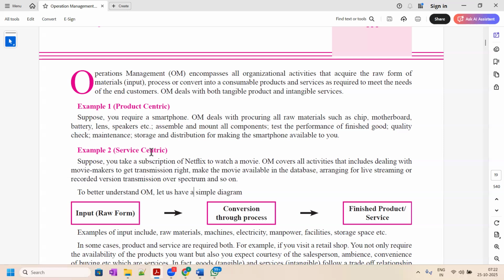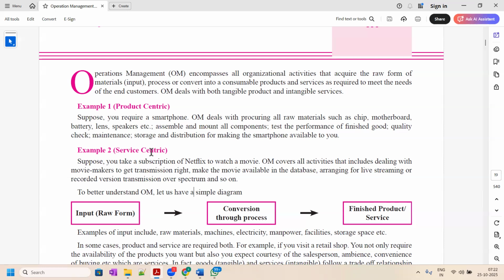Operation management is all about how you convert your raw material into finished goods. Here I gave you examples that are product centric. Whenever operation management is engaged, it is trying to create some output which can be product centric or service centric.